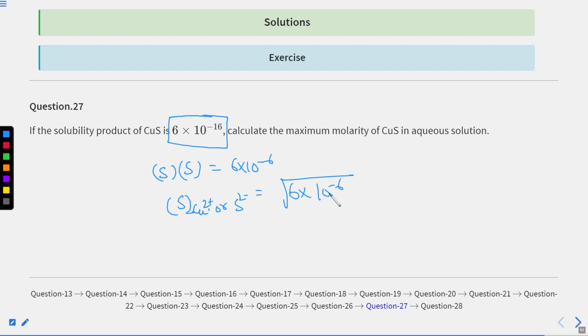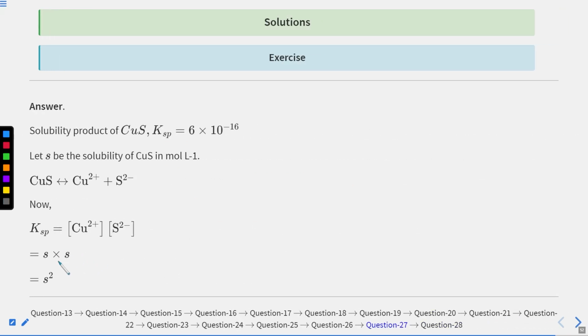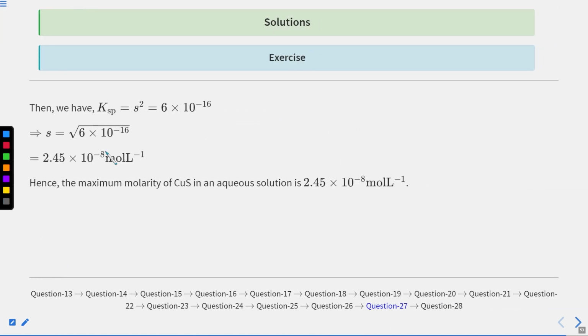Now calculate the maximum molarity of CuS. Maximum molarity means the least volume we can take and the maximum number of moles we can dissolve. So it would be simply root under this. But if we take the least molarity, what would be? First it's calculated S square. So that would be the least molarity. That is 2.45 into 10 to the power minus 8.